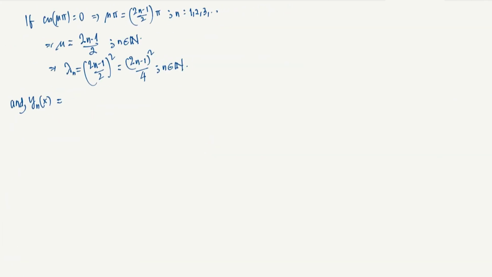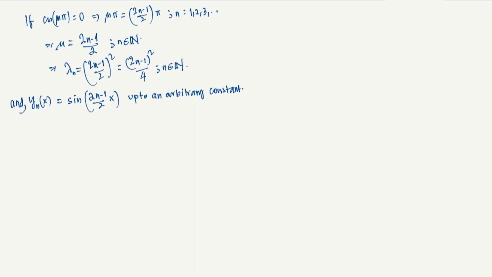Let me put it this way: this is equal to sine of ((2n minus 1) by 2) times x, up to an arbitrary constant. Yeah, we can write it like this.